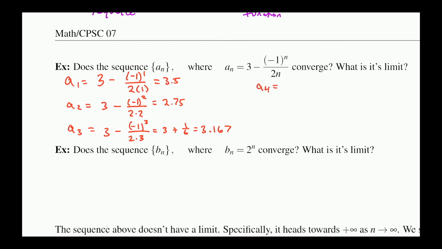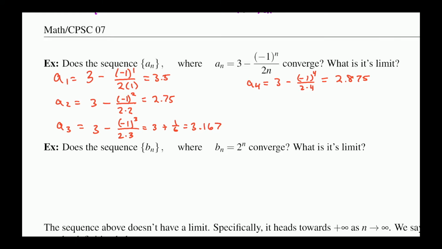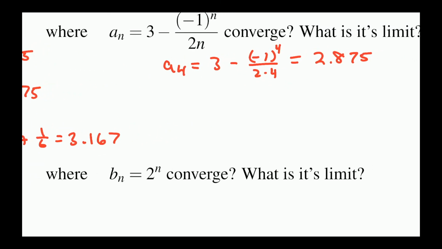So A4 is going to be 3 minus negative 1 to the 4th over 2 times 4. So that's going to be 3 minus 1/8, which is 2.875, and so on.